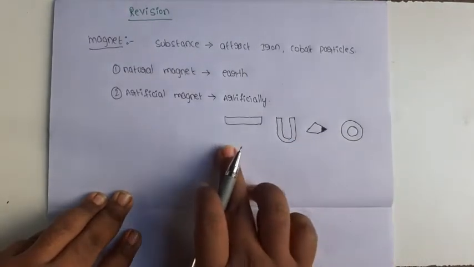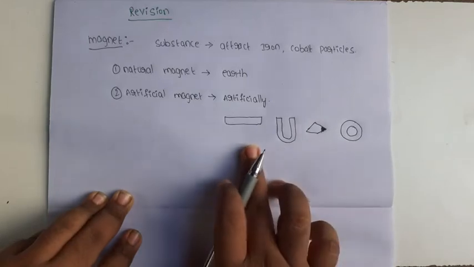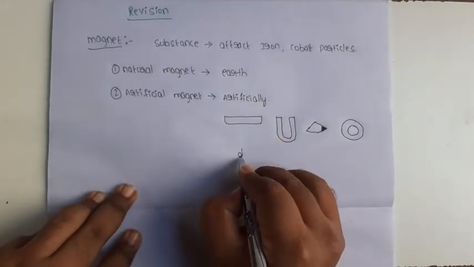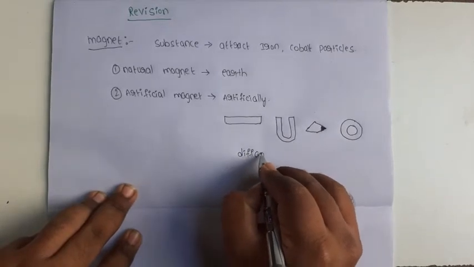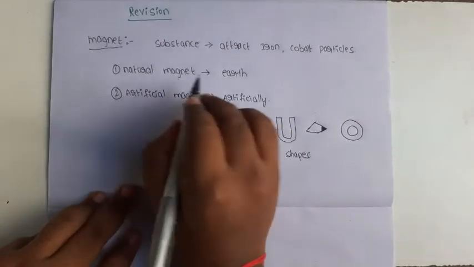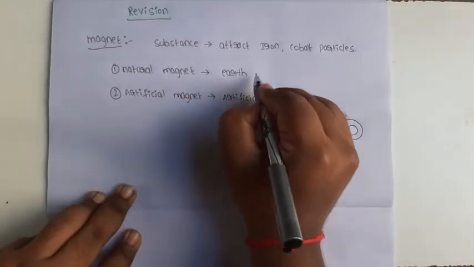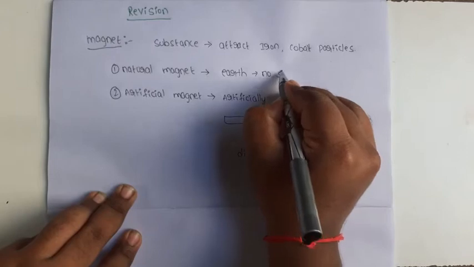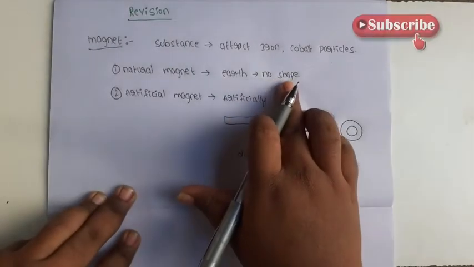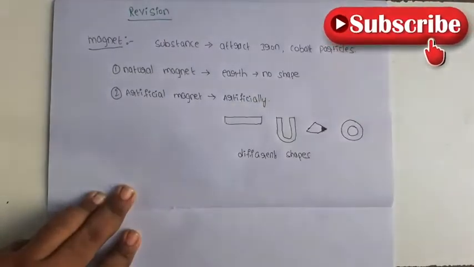These are all different types of artificial magnets. So an artificial magnet has different shapes. What about natural magnets? No shape. Natural magnets have no particular shape.